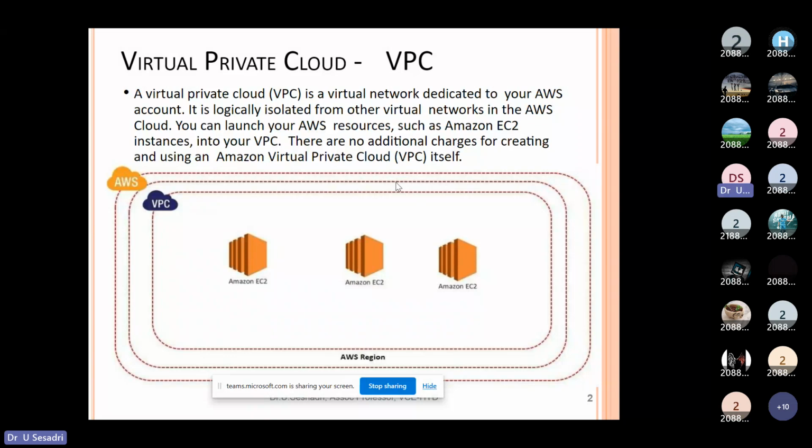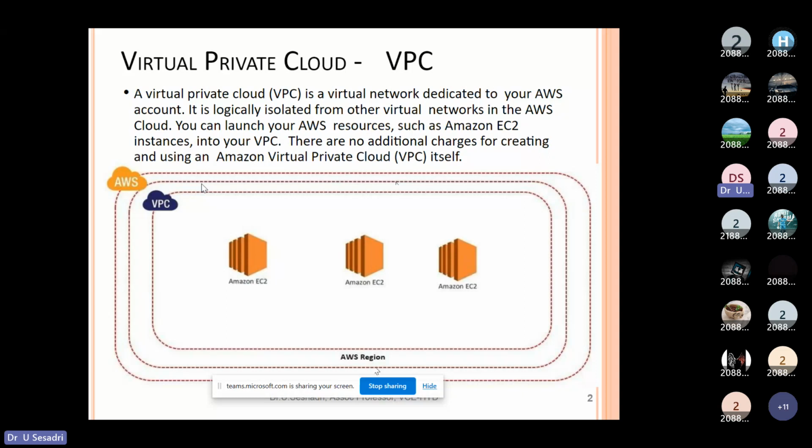If we consider the Mumbai region, let us assume that the Mumbai region is one room. In that room, you allocate some space. That is nothing but the virtual private cloud. On that space, you are launching EC2 services, or you may use some other servers. We have to launch them in your own private cloud. What steps do we have to follow for creating a virtual private cloud?